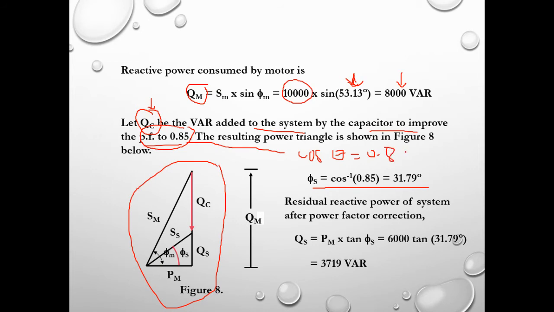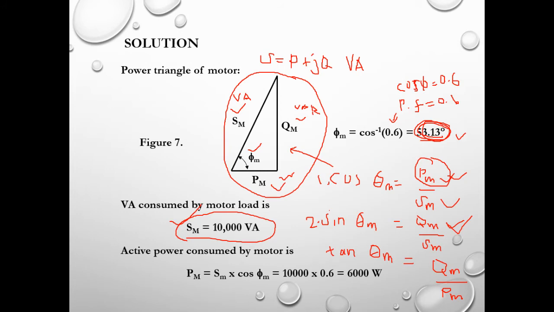Converting into degrees, theta S is equal to 31.79. The new theta S is lower compared to the previous one, where we have 53.13 over here.